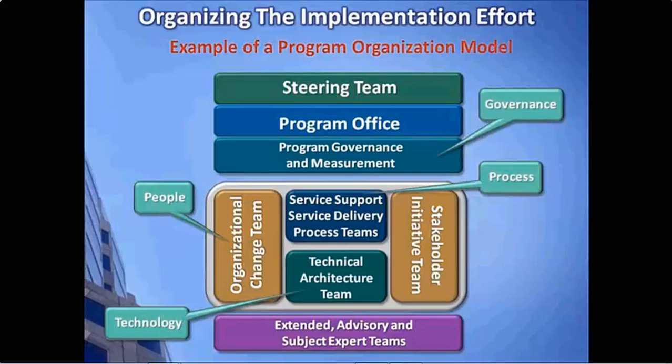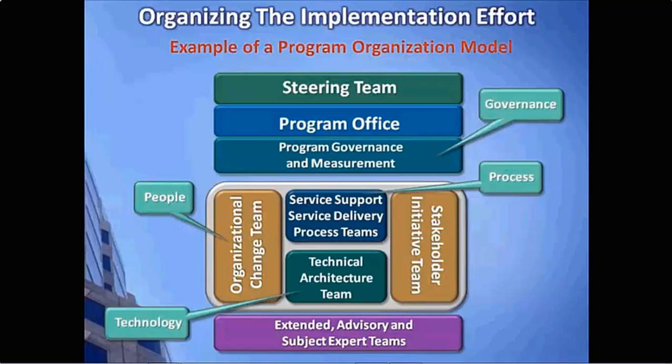You may have service support and delivery teams, or in the case of ITIL version 3, however you organize your process teams, you may want to put into place there. Underneath them, supporting them, a technical architecture team for tools, organizational change team to handle the organization aspects, stakeholder initiative teams, and extended advisory and subject expert teams.